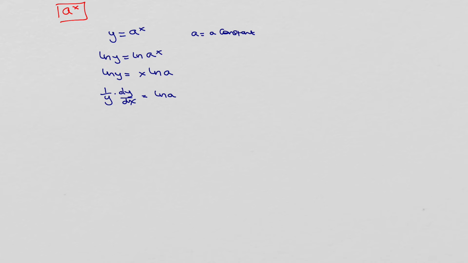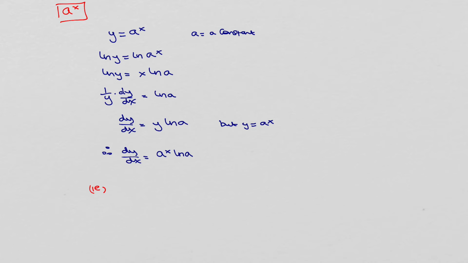So that means dy dx is equal to y times ln a, if I multiply both sides across by y. But of course y at the start was a to the power of x. So the derivative is actually a to the power of x natural log of a.